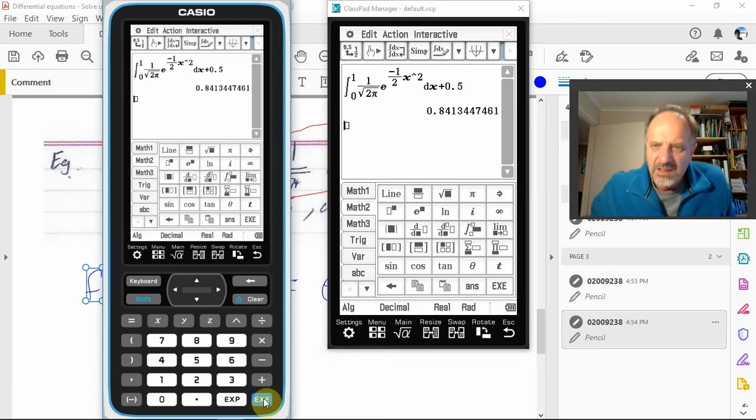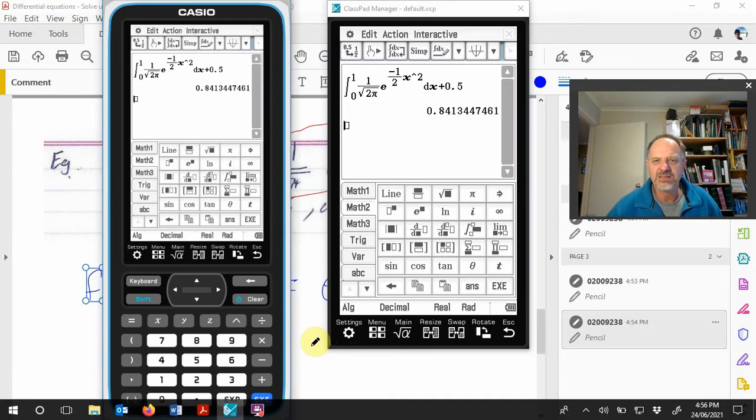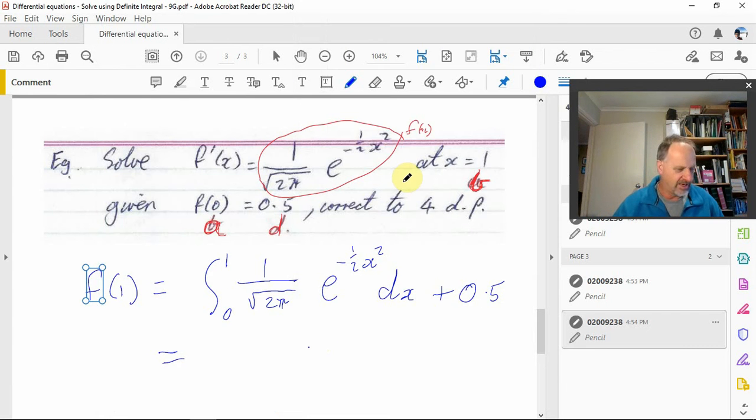All right, so better go back to here, put the answer, and so that is 0.8413. All right, so that's it for using definite integrals to solve and find that y value.